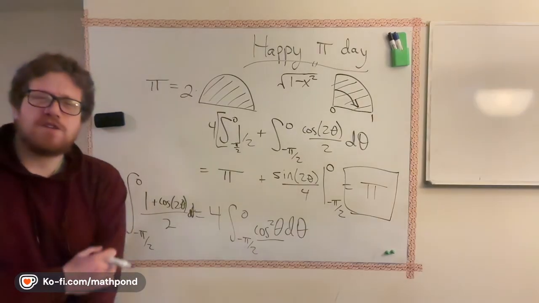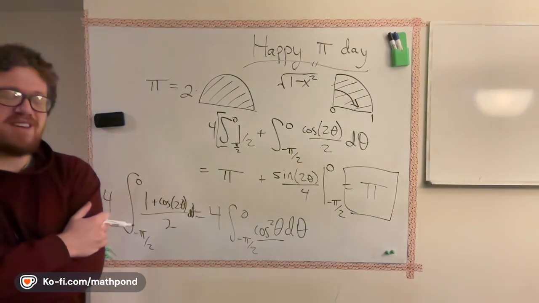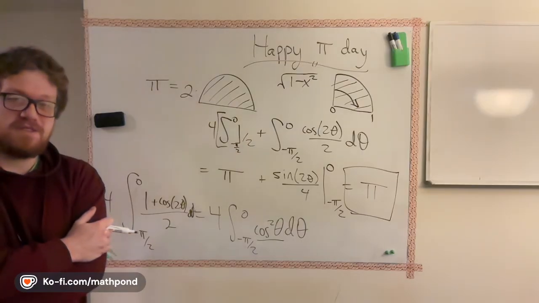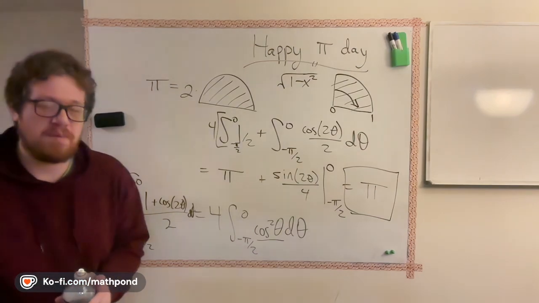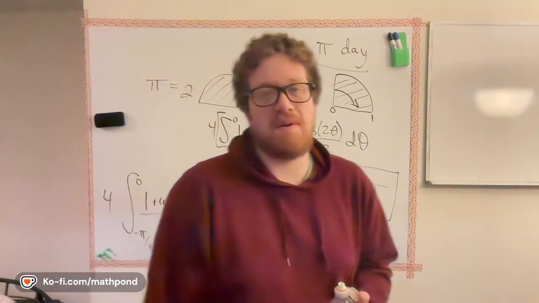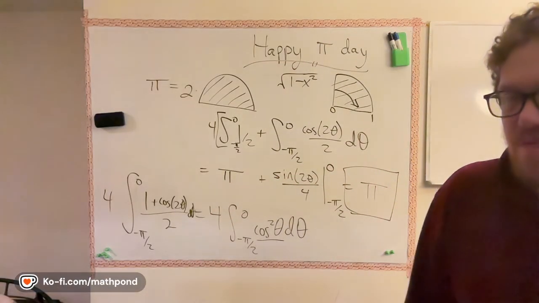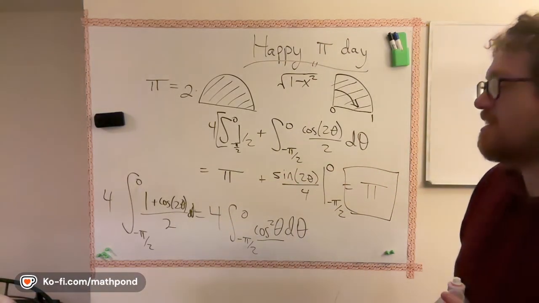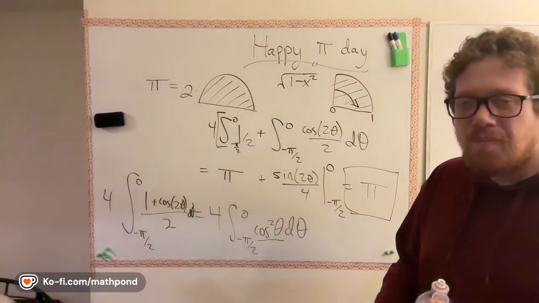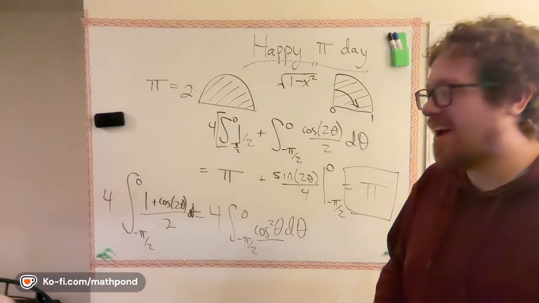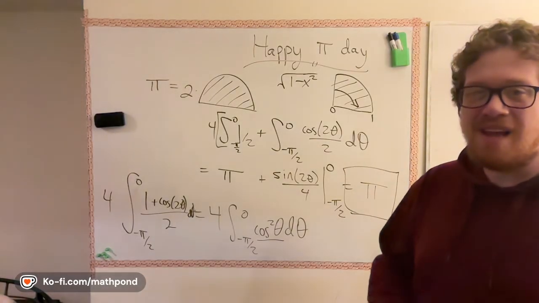Does anybody have any trig formulas that they just can never remember themselves? Trig formulas can be pretty annoying, especially the cotangent derivative, cosecant derivative, stuff like that. Almost all of them are annoying, yeah. I agree.